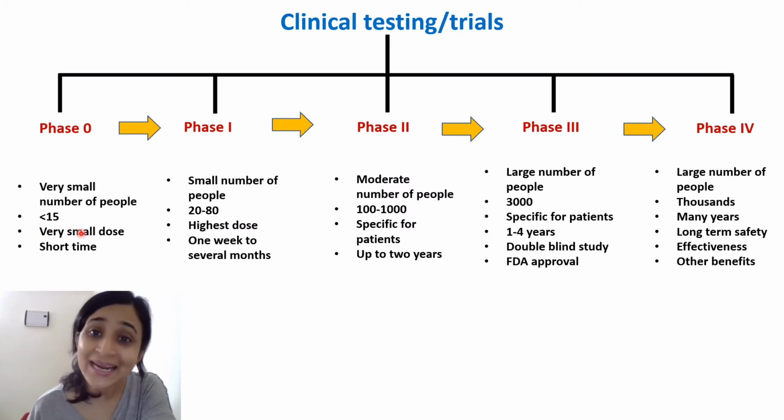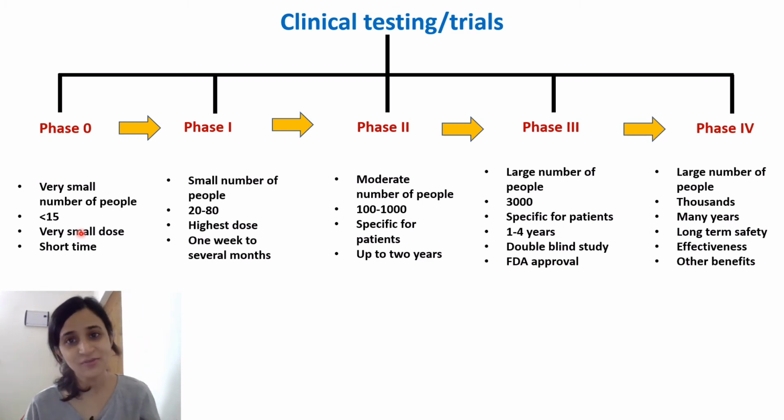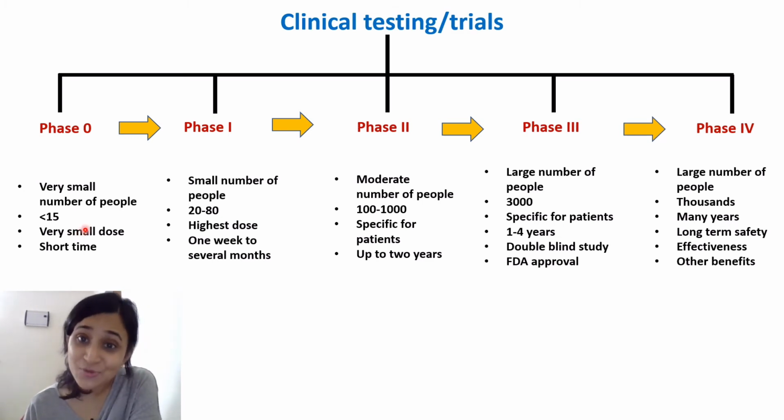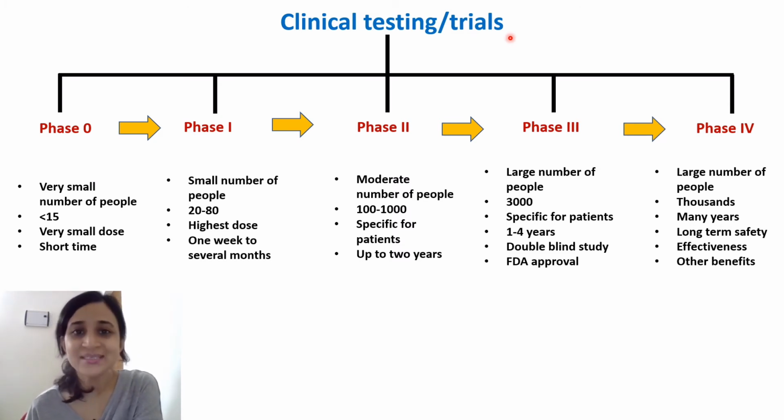So, in the preclinical trial, we have determined the initial safe dose of the vaccine. But it was tested in animals, right? So, now we need to check whether this dose is also safe in the human body. To do that, we just need very few people and we'll make sure that this much of dose is not harmful to humans.